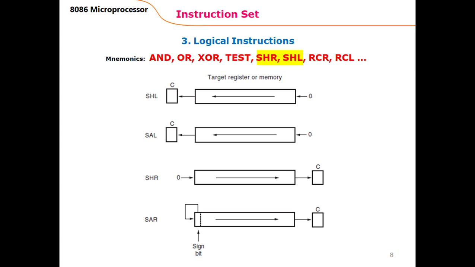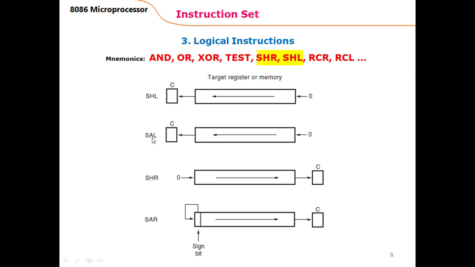Okay, so here we have some shift instructions. There are two kinds of shift instruction: shift right and shift left. But there are two forms of each of these. One is logical shift left, and the other is arithmetic shift left, represented as SAL. So this is shift left logical, and this is shift left, but A stands for arithmetic.